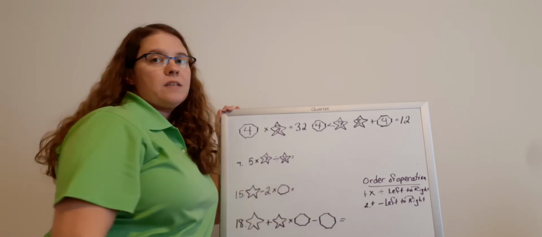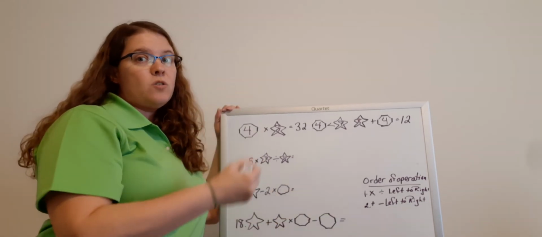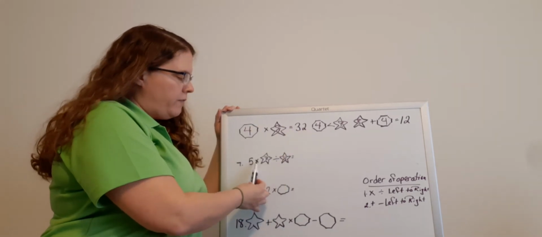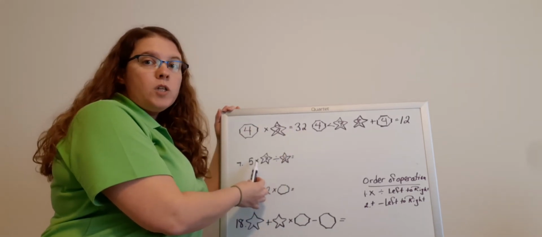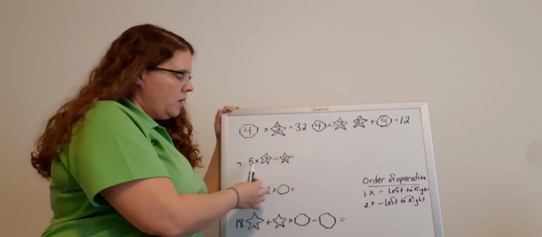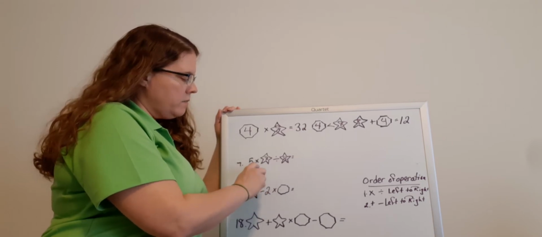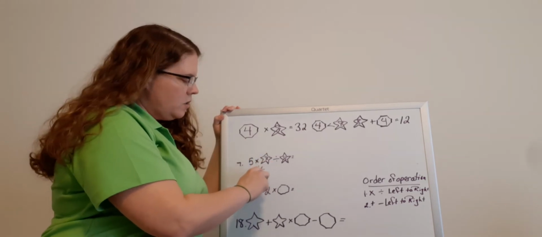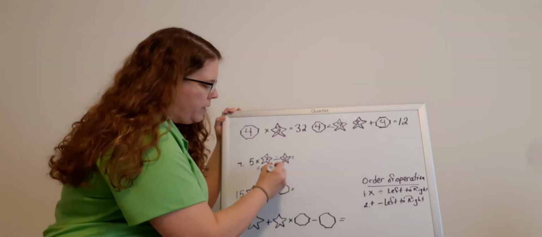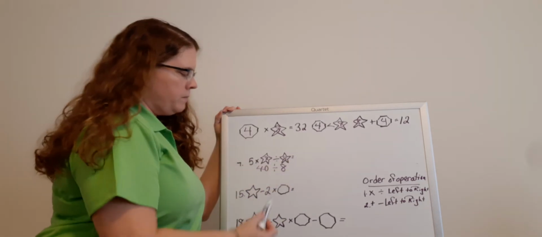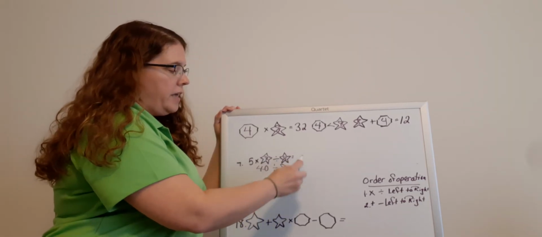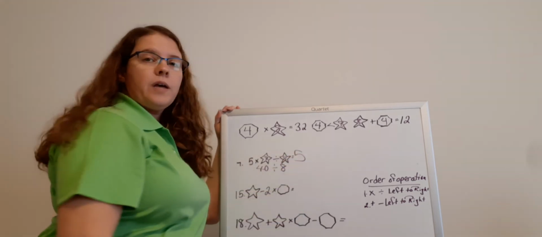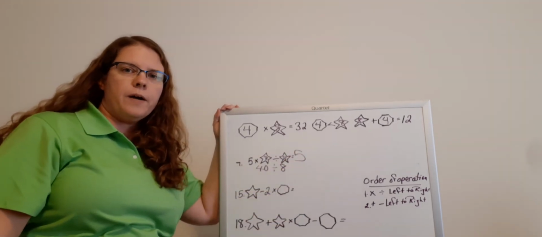I just have to worry about step 1, multiply and divide from left to right. My first problem would be a multiplication problem. So 5 times 8 equals 40. Excellent, guys. Then you can bring down your divide by 8. 40 divided by 8 equals, well, look, 5. That one wasn't too bad, right?